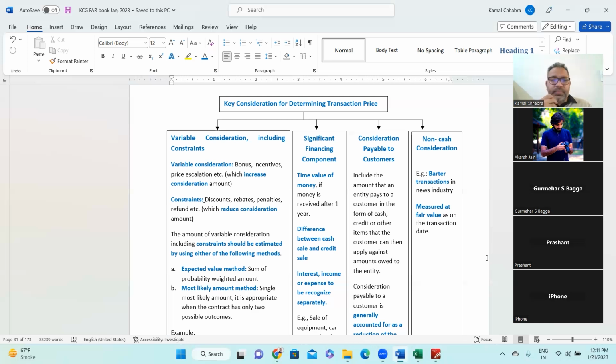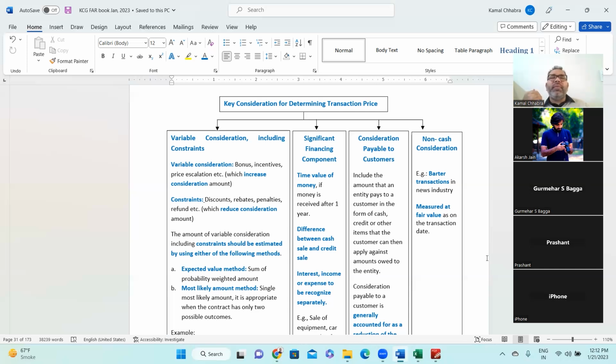If you see over here, what is variable consideration? Any bonus, incentive, price escalation, right? For example, in the construction contract, originally we entered into a 4-story building, and luckily we got approval for a 5th story, and now we are giving additional scope, additional work and additional price.